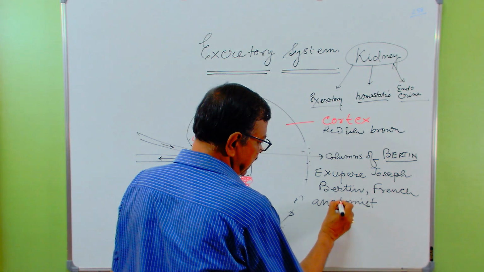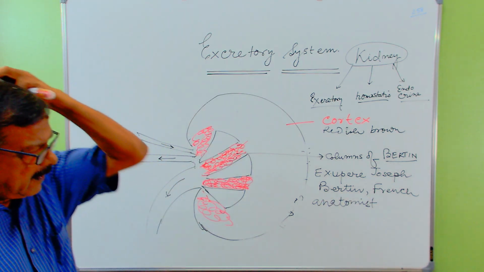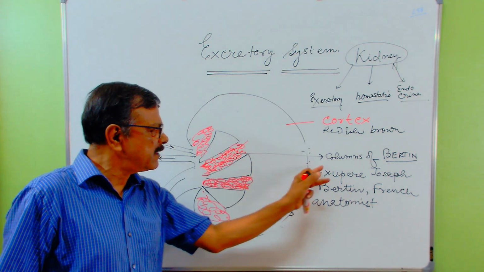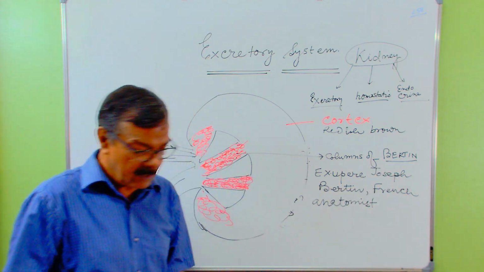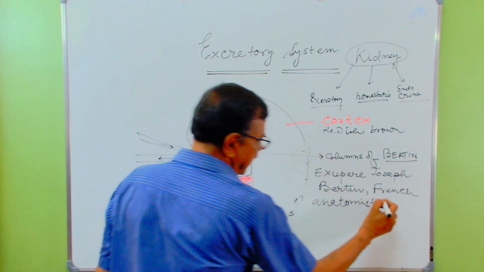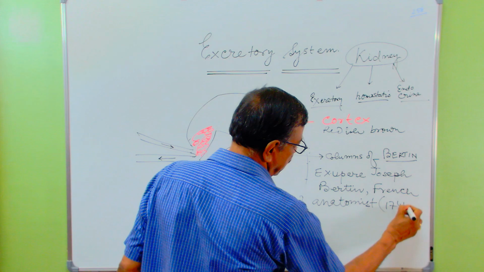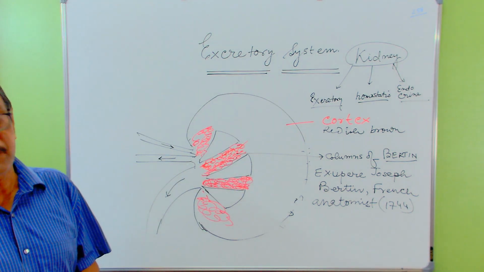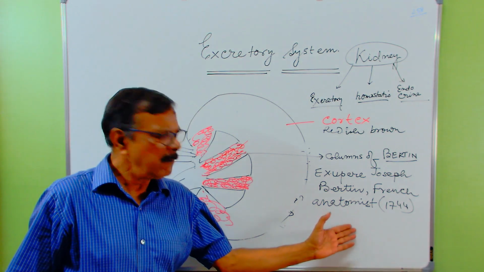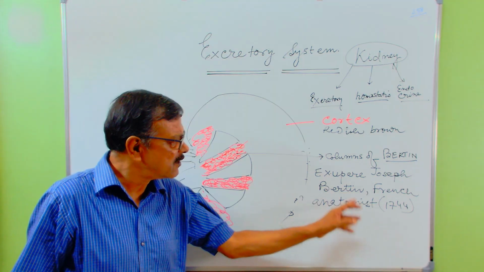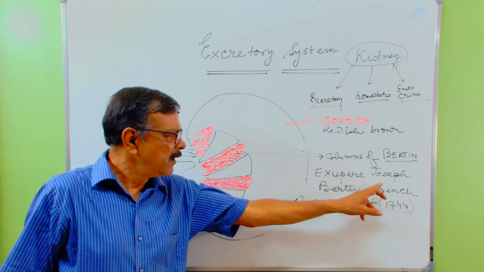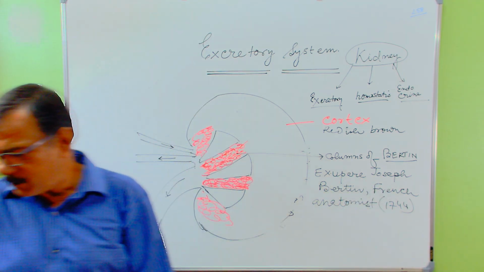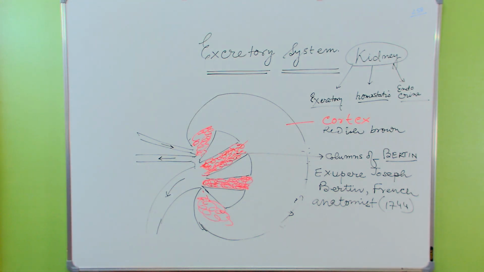Named after the discoverer, these columns are known as columns of Bertin. He discovered them in 1744. 1744, 1844, 1944, that is almost 200 years. So he discovered this, and his name was Exupère Joseph Bertin, a French anatomist.